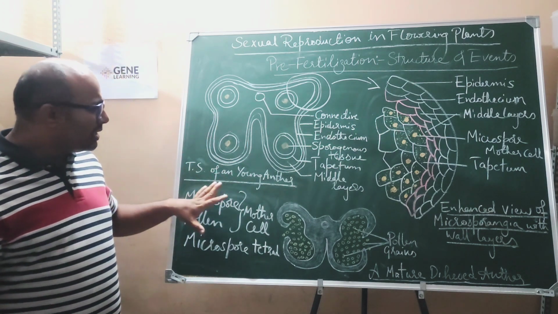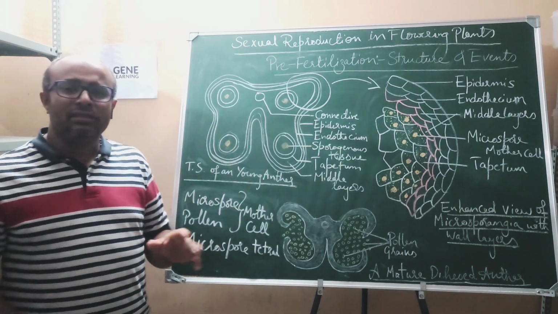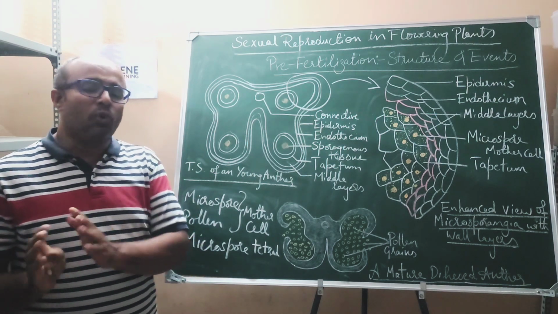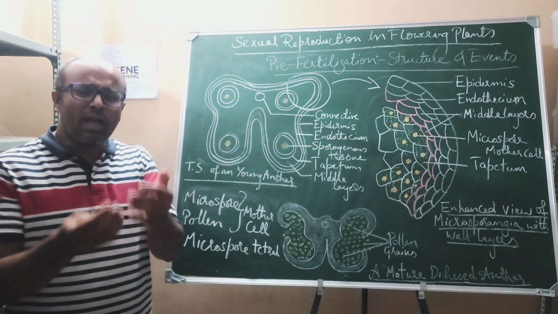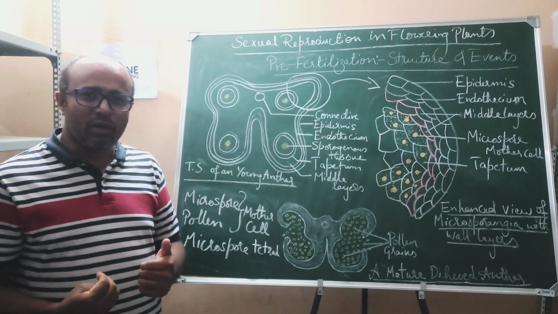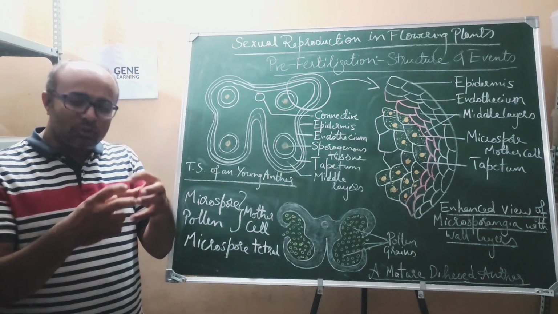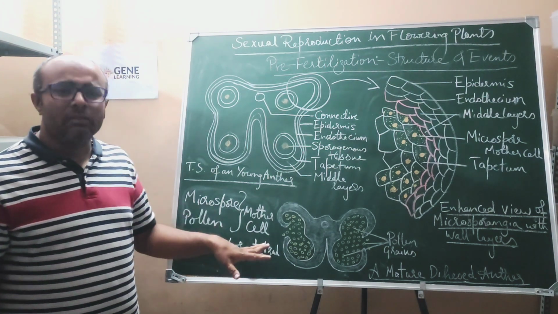Now, as and when the anther starts to mature, it starts to lose water. As this process happens, the microspore tetrads start to dissociate. Now, what do you mean by microspore tetrad?